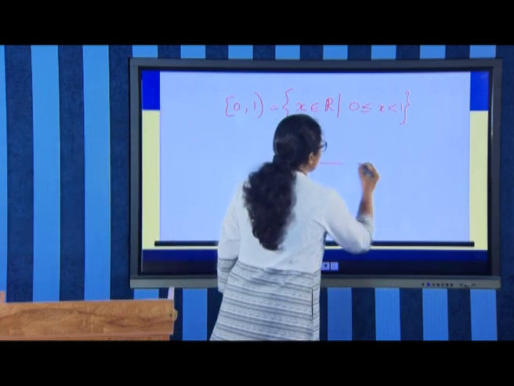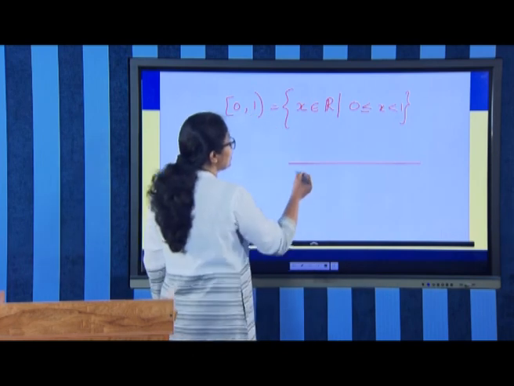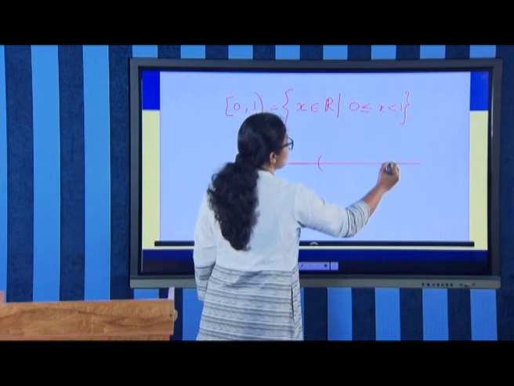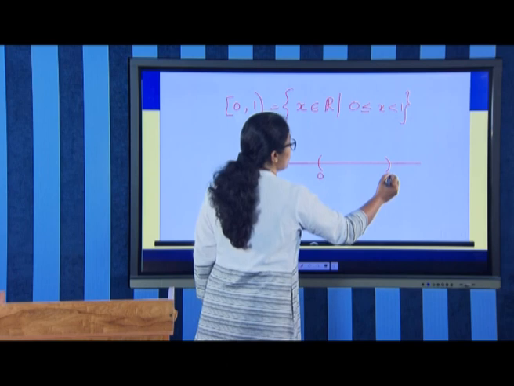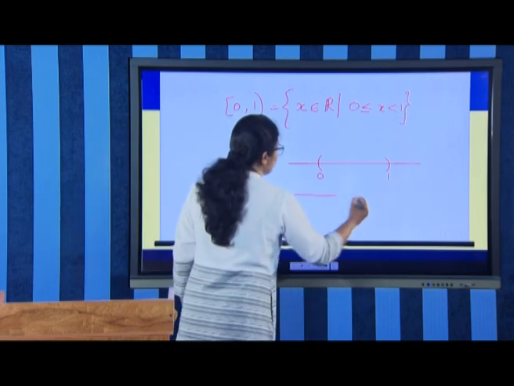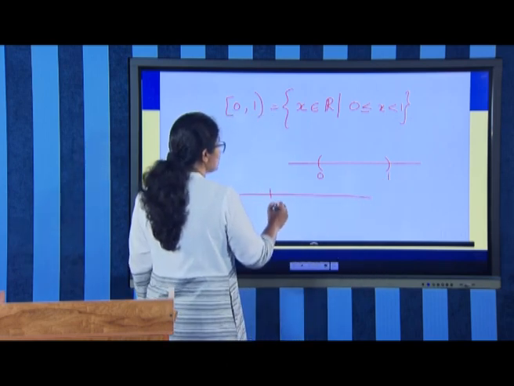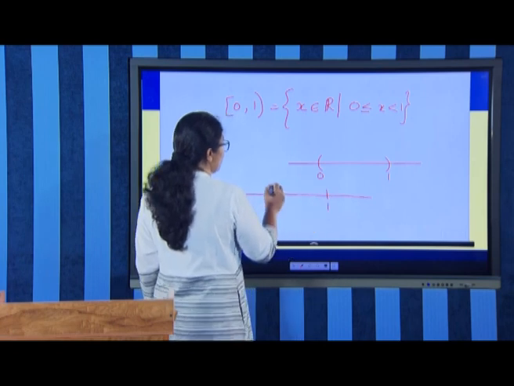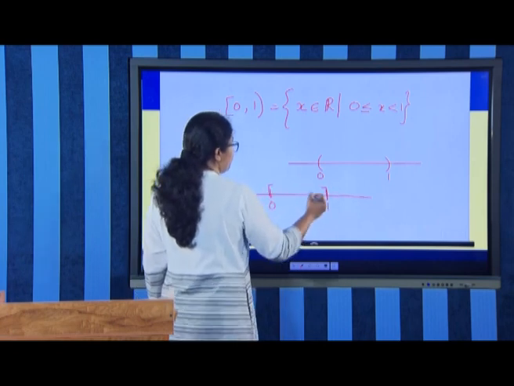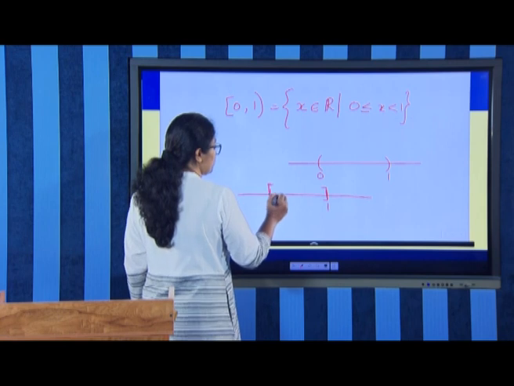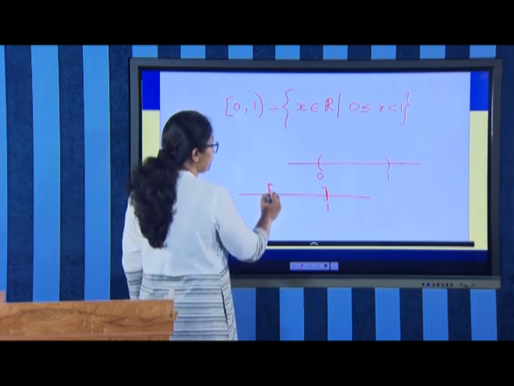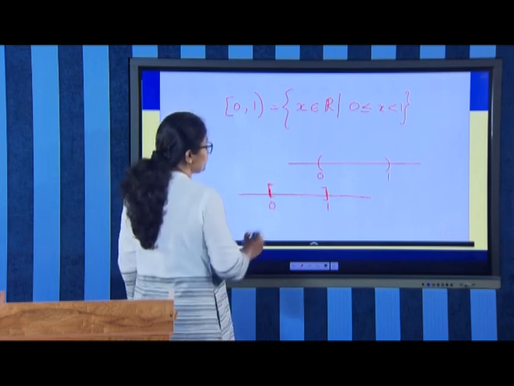So, in geometry, we can consider the open interval, say open 0 to 1, and the closed interval as including 0 and including 1. So, there is no gap here.